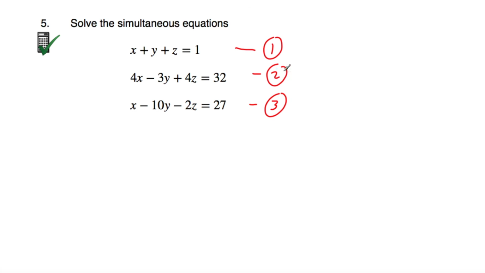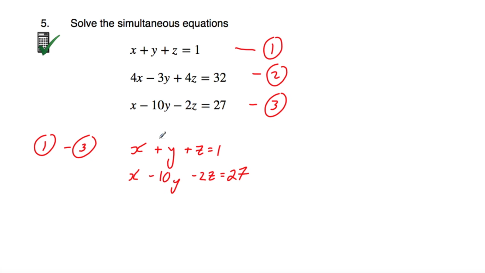Now let's see how we're going to do it. Are we going to do equation 1 subtract equation 3 or equation 3 subtract equation 1? I'm thinking we're going to do equation 1 subtract equation 3. The reason is that if we write equation 1, which is x plus y plus z equals 1, and then equation 3 beneath it, which is x minus 10y minus 2z equals 27, the x take away the x will be 0, but then we've got y subtract negative 10y, so we're adding the 10y's on, which means it'll be 11y's.